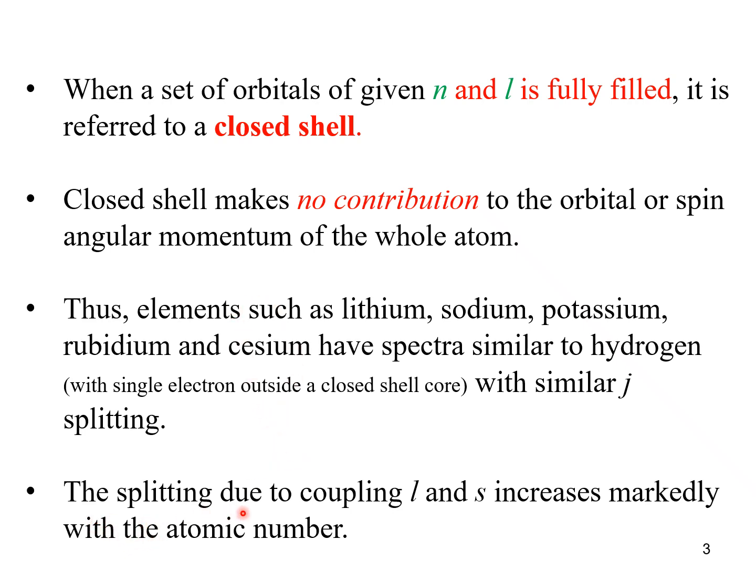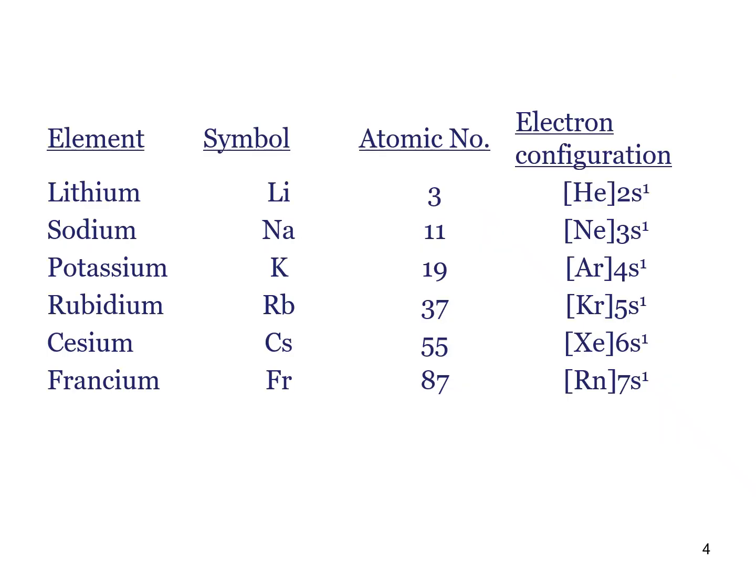The splitting due to the coupling of L and S will increase remarkably with the atomic number. If we refer to the electron configurations for lithium, sodium, potassium, and so on, we will see that they have the same spectrum as the hydrogen atom, because all of these elements have only one electron in the s orbital.